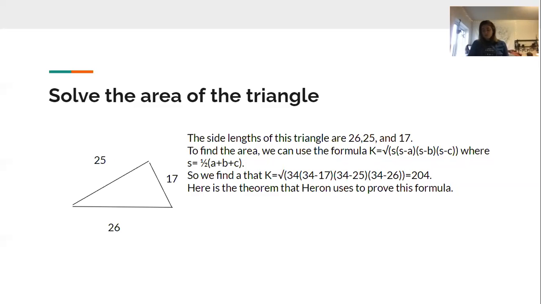So take the triangle of sides 26, 25, and 17. This is the formula we're going to prove: the area of the triangle is equal to the square root of s times s minus a times s minus b times s minus c, where s is the semiperimeter, which is half of a plus b plus c.